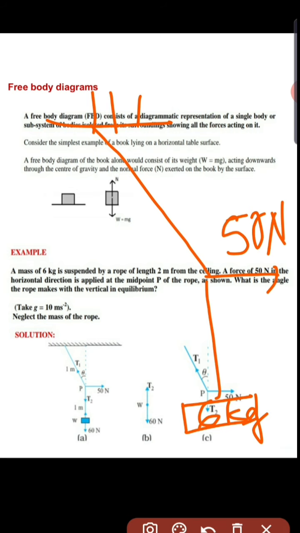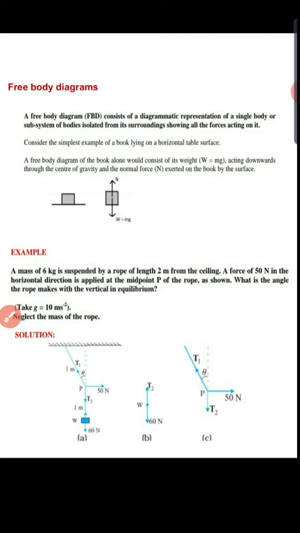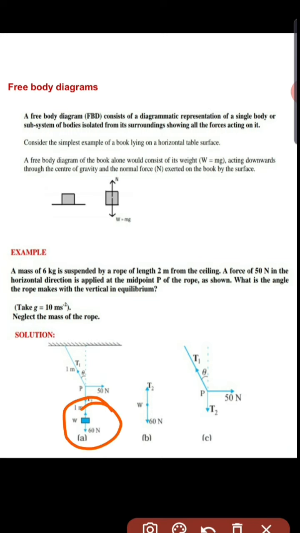Now analyzing the forces acting on the different parts of the system, first we consider this 6 kilogram object. The two forces acting on it are its weight downward and the tension along the string upward. When it is connected to a string, tension acts along the string in the upward direction.